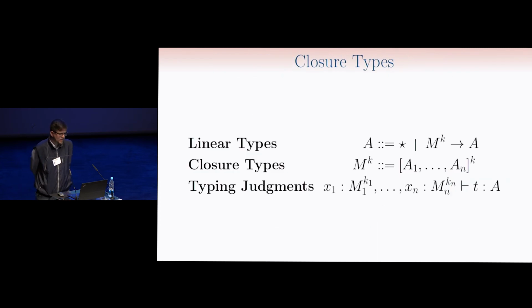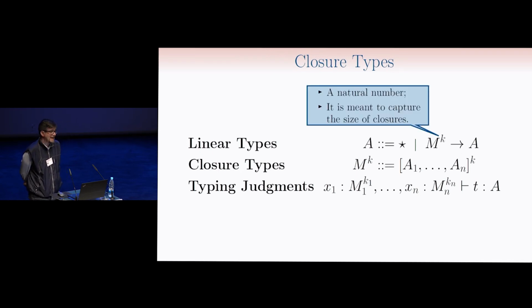Our idea was then to enrich multi-types with some information related to the size of closures. Actually, this turns out to be quite simple and elegant. We just need a system of labels. So every multi-type now becomes a closure type, namely a multiset labeled with a natural number.